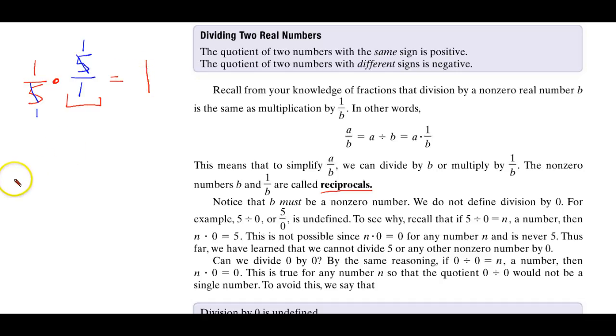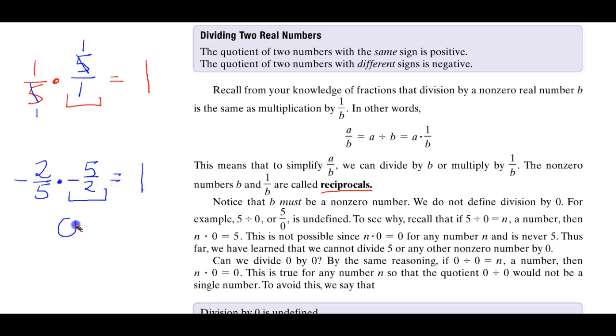So if you had, let's say, a negative 2/5, its reciprocal, so that you would get a positive 1, would be the same sign, because it has to be like signs to make something positive, and then flip it again. 5/2. So again, everything would cancel out and you end up with a positive 1.